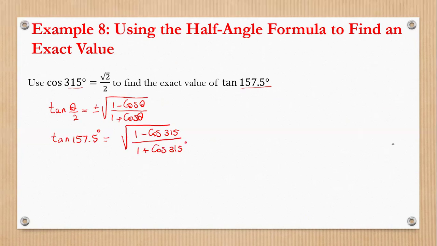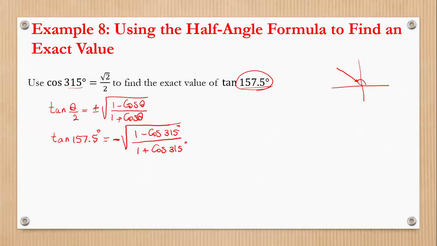But the question is plus or minus before the radical, which one works here? It depends where the half angle lies. The half angle is 157.5, which is an angle in the second quadrant. In the second quadrant, the tangent is negative because the sine is positive, cosine is negative, and positive times negative is negative. So I need to keep a negative here instead of plus and minus.